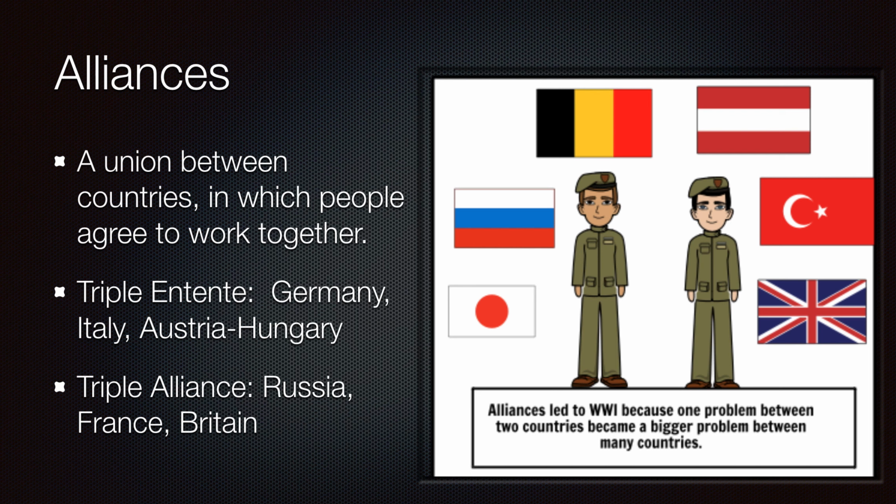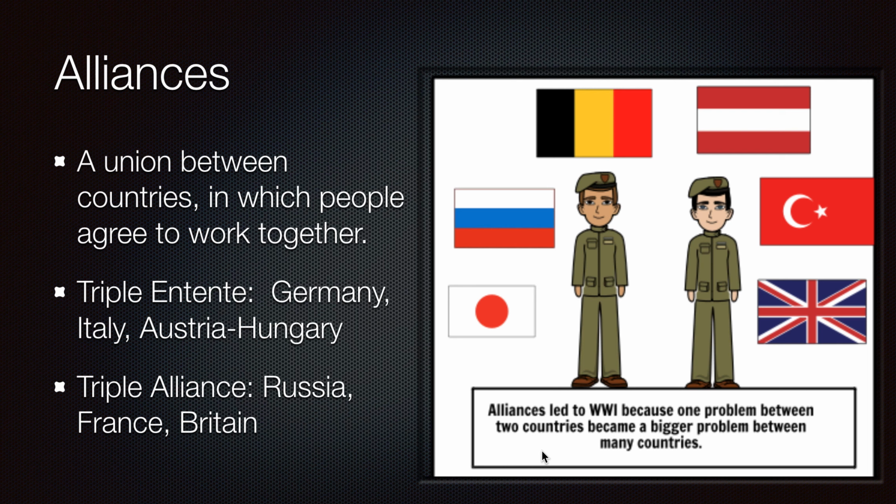But as our little cartoon here says, alliances led to World War I because one problem between two countries became a bigger problem between many countries. So think about if you have a best friend and somebody is picking on your best friend and they hit your best friend, and you decide to defend your best friend, and then you have another friend who steps in to defend you.